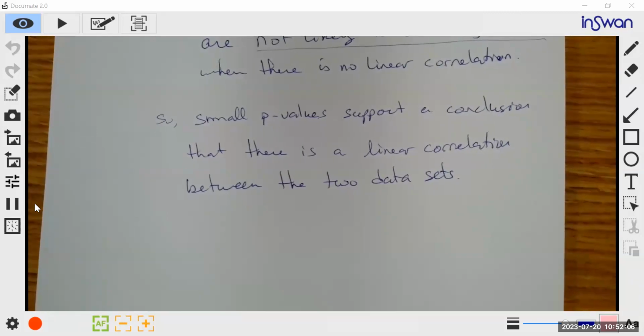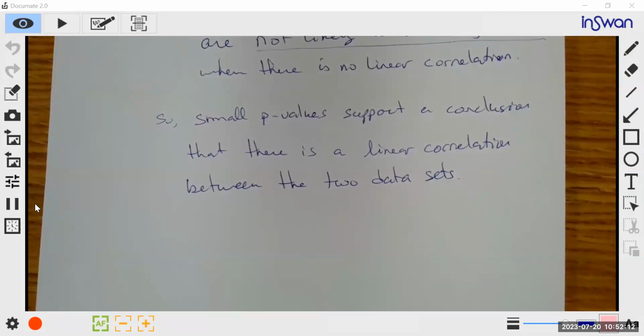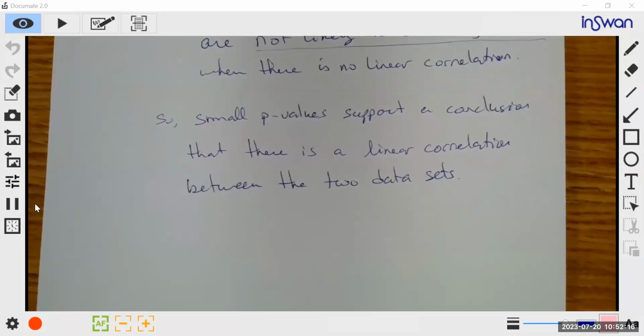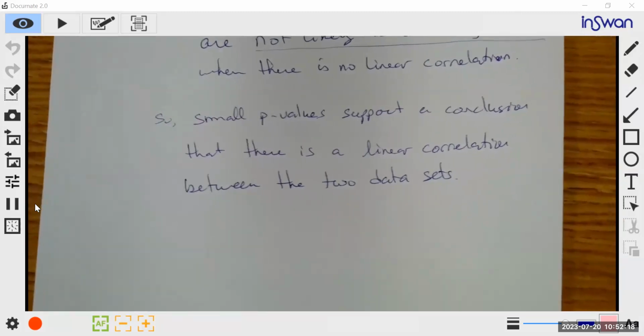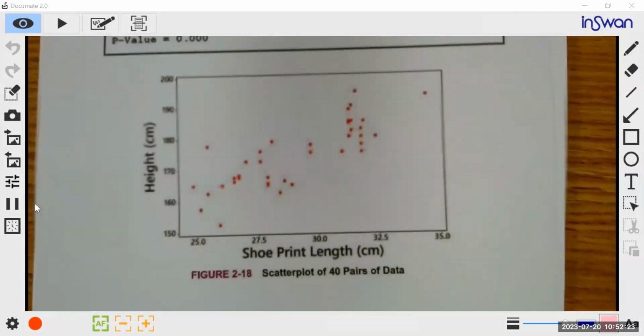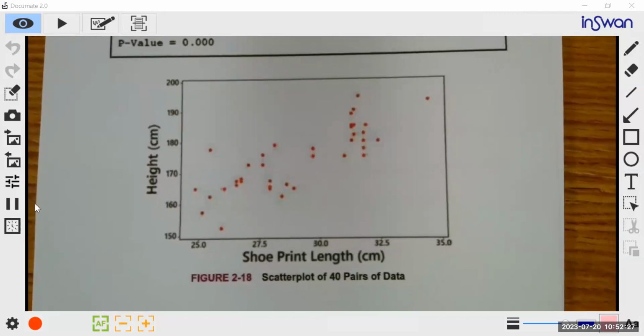What would be your hypothesis? The shoe print length versus height. Is there a correlation? Basically it says the taller you are, the bigger foot you have. That should be, but according to this data, there are some weird people out there.